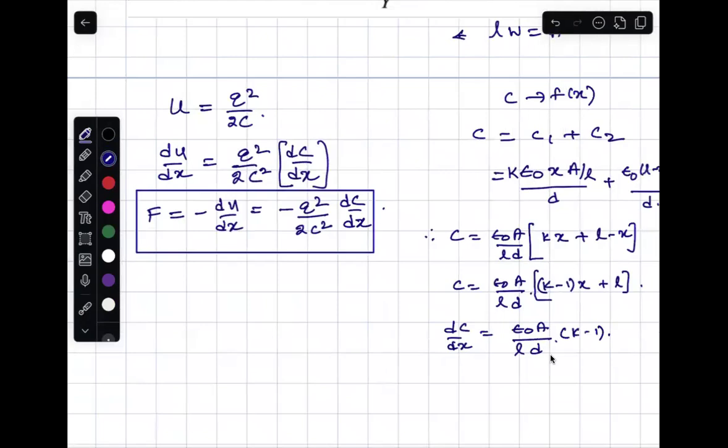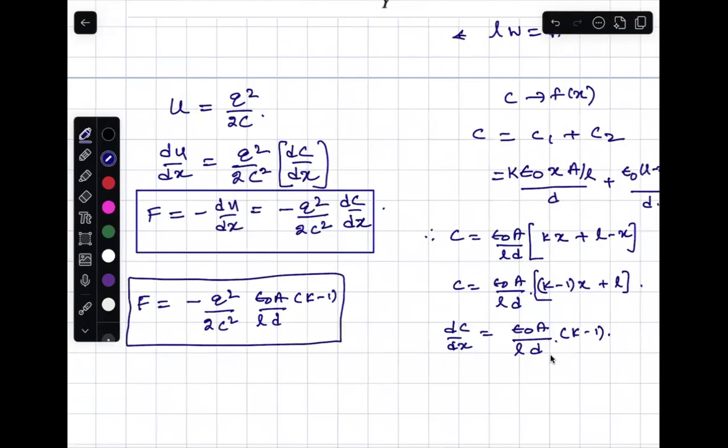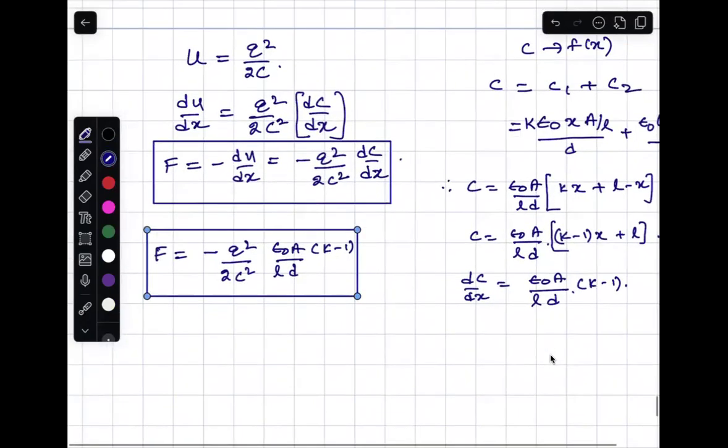Therefore, finally, what you will write is F is minus Q square by 2, dC by dx, which is epsilon naught A by LD K minus 1. Remember, this is the conservative force. Minus sign indicates attraction, always inwards.